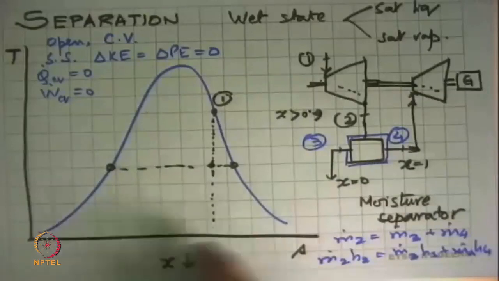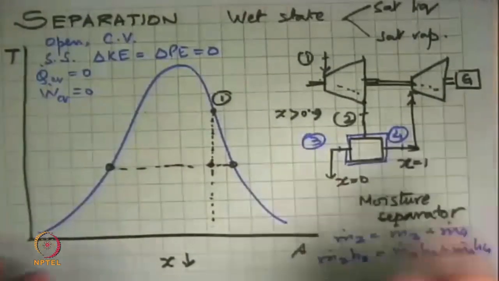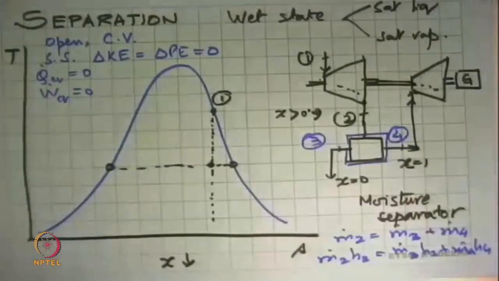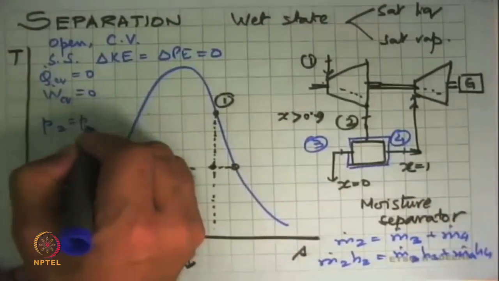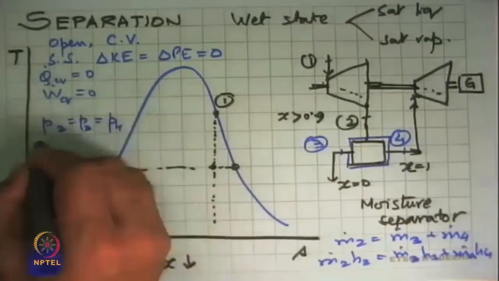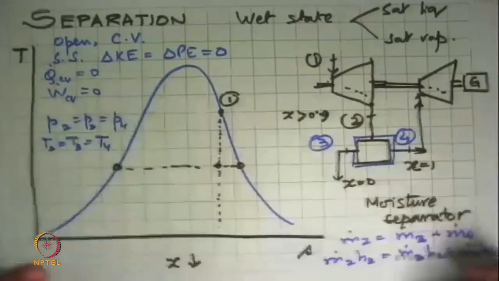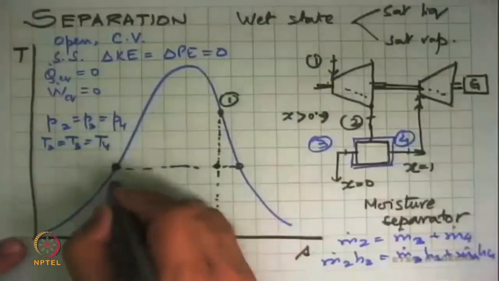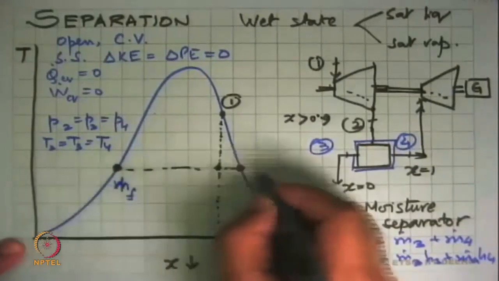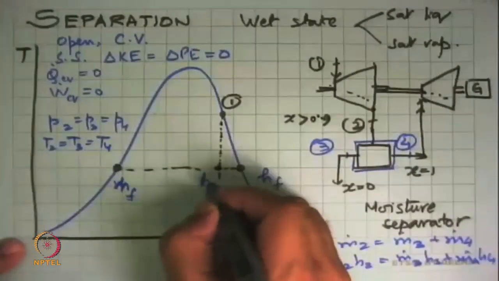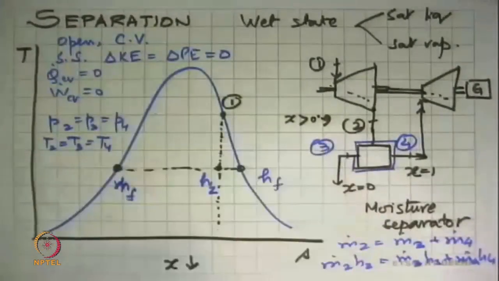So we can then solve it out, and we can know what is the mass fraction coming out at this end. But all of this is happening at constant pressure. That means P2 equal to P3 equal to P4, and the same with temperature, T2 equal to T3 equal to T4. The only thing that changed is that here the specific enthalpy became hf, this is hg, and this was h2, which is in between these two values.